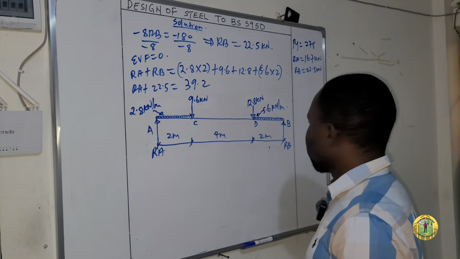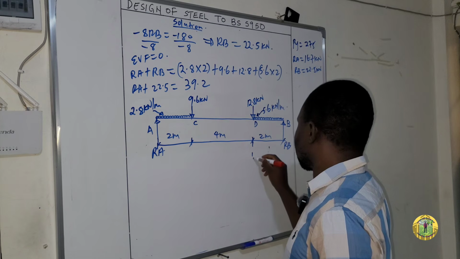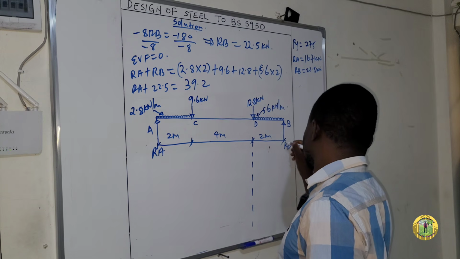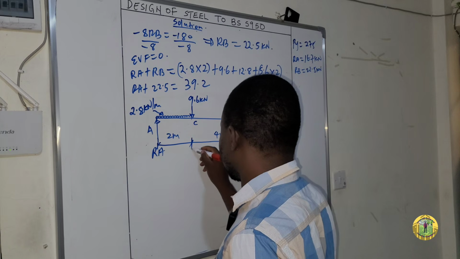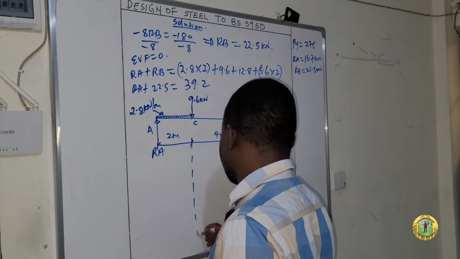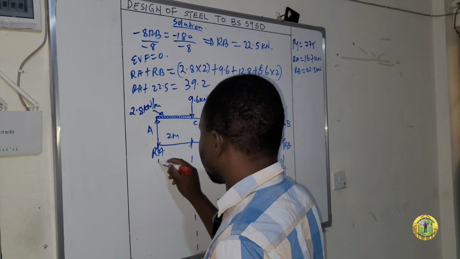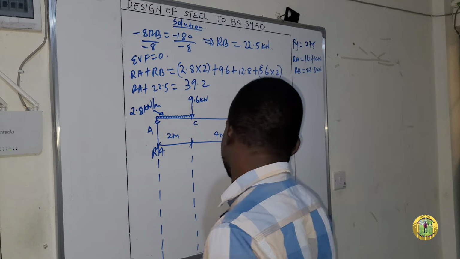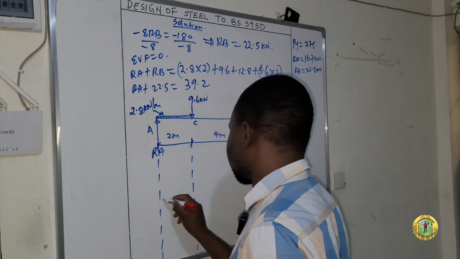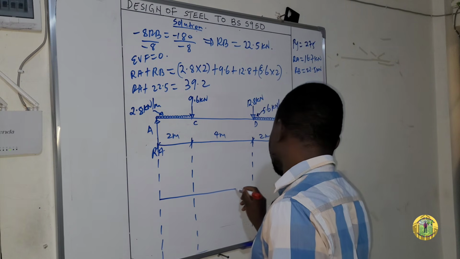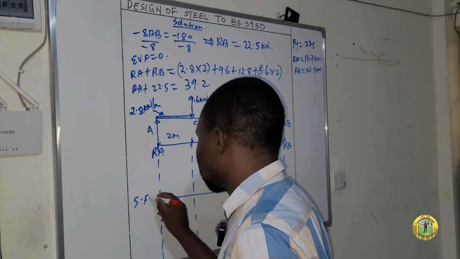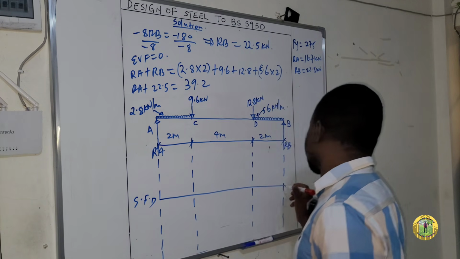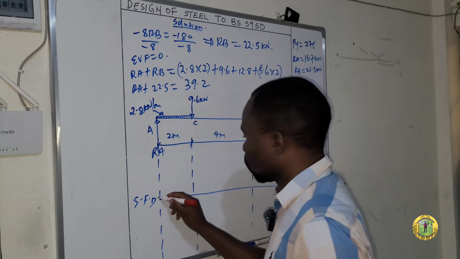To draw the shear force diagram, you will extend this line like that, and you will draw the baseline. So this is the shear force diagram line, and it is at 0.